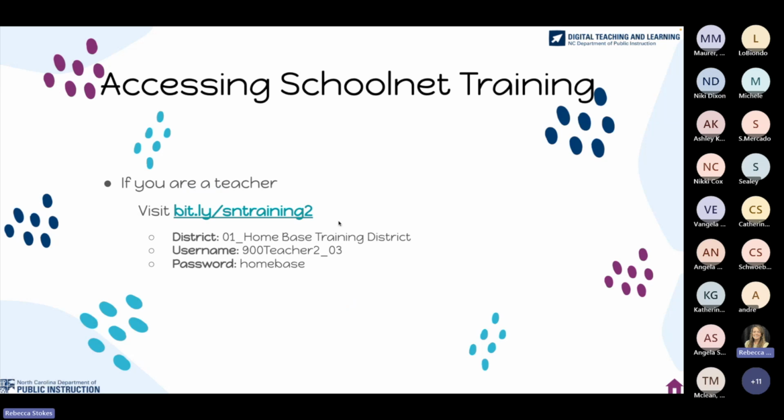That's on slide 8. If you click this link right here, it will take you to the training site, and we have a teacher username and password here for you as well. But again, we encourage you to be in your live site, but we do have this for you as well.